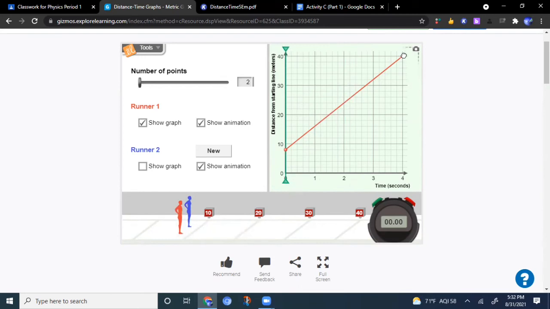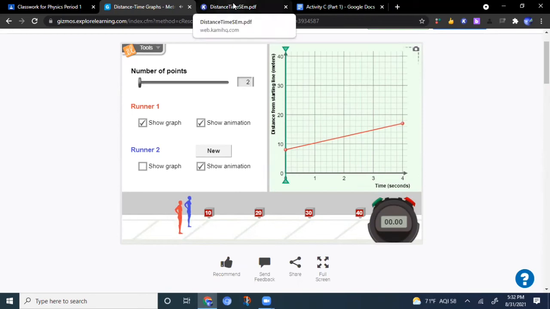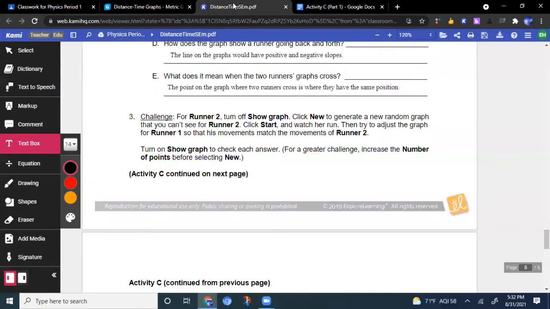So I've got to make that slope a little bit more flat. And you can see at 4 seconds, she ends up at about 17, 18 meters, maybe. Somewhere around there. Right, and there we go. You can see they're running side by side. So that's just an example of what you can do to challenge yourself to figure out how the graphs match.